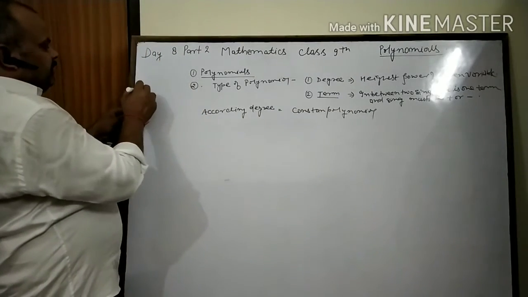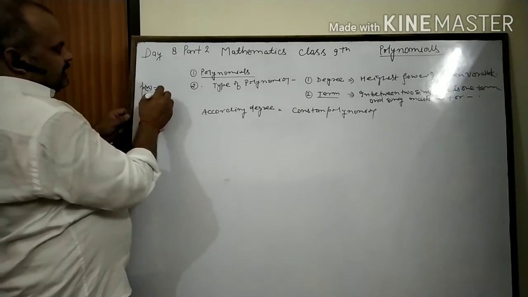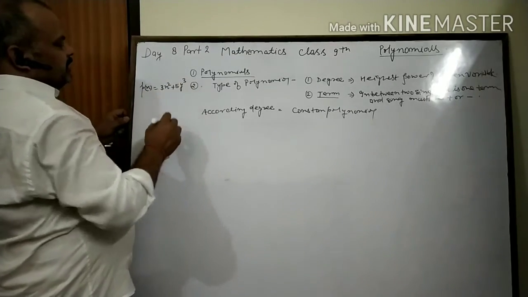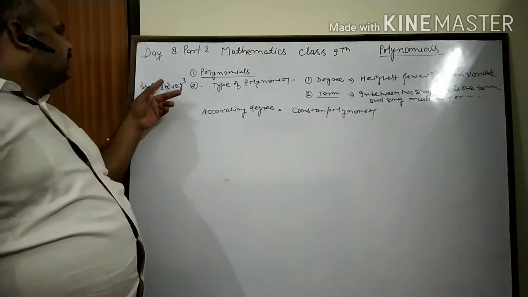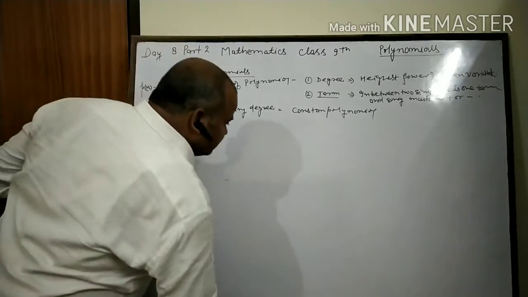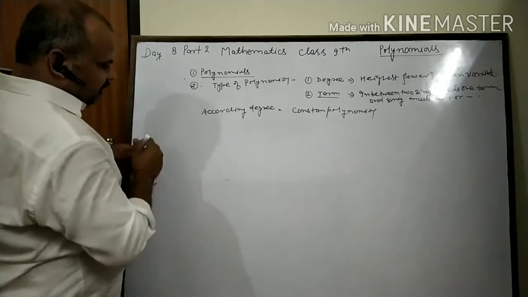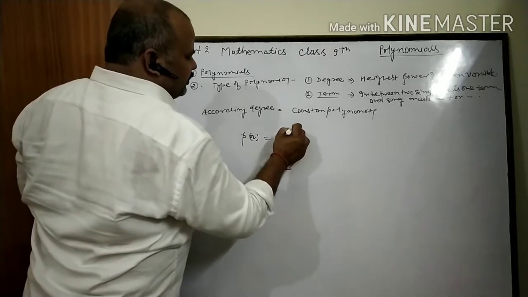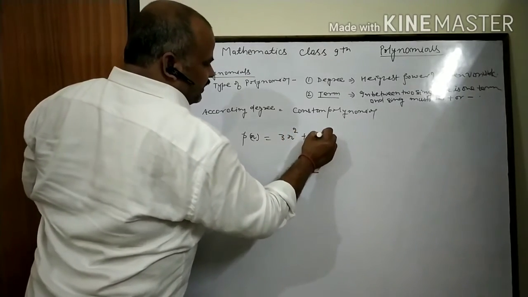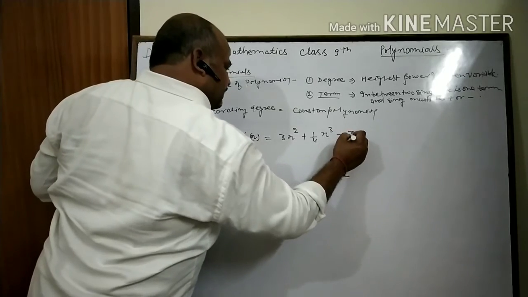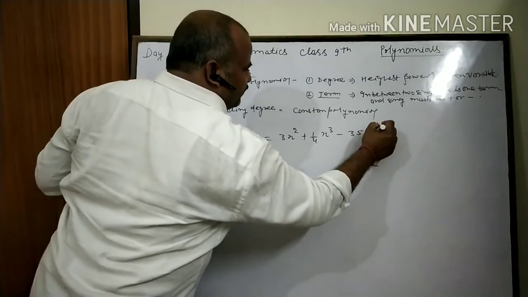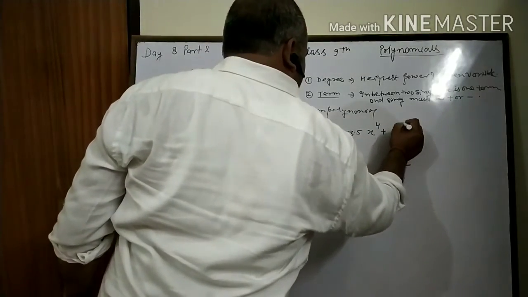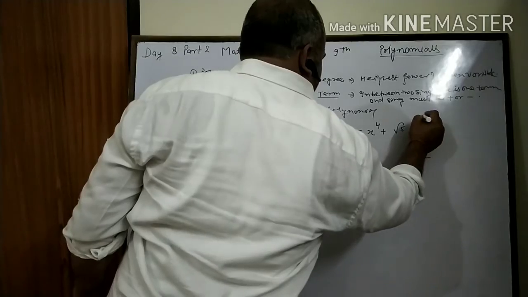Suppose if you have a polynomial p(x), here 3x to the power 2 plus 1 upon 4 x to the power 3 minus 3.5 x to the power 4 plus under root 5 x to the power 6.